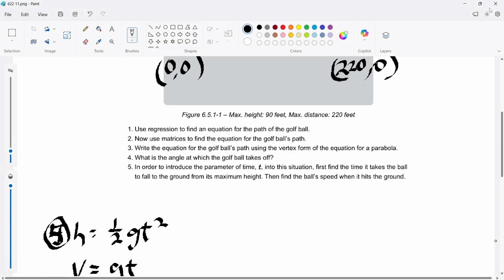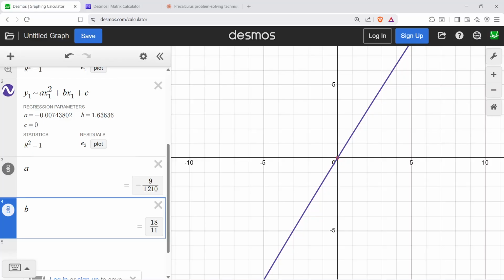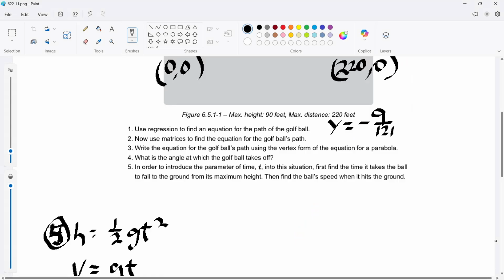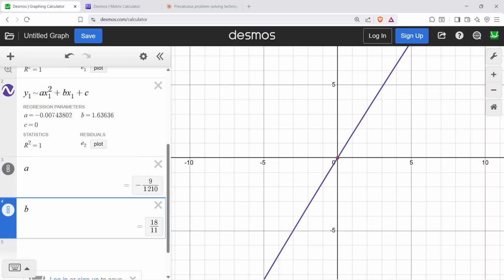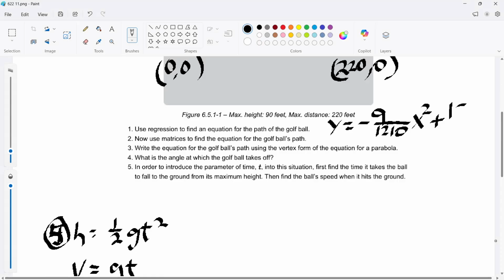So use regression to find the equation. It's going to be y equals negative 9 over 1210 x squared plus 18/11 x.